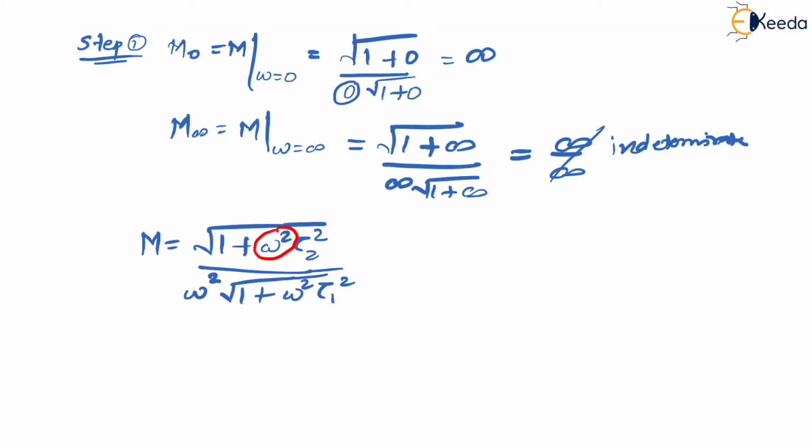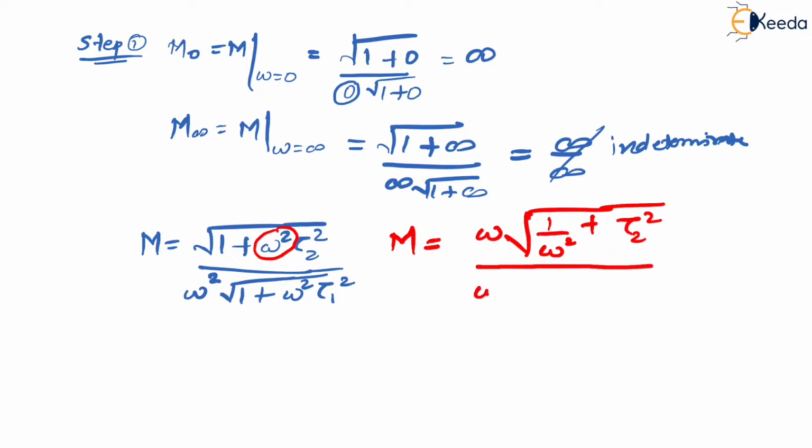If you take this omega squared out, you get M equal to omega, and inside that root you get 1 by omega squared plus tau 2 squared, divided by omega squared, which is already there in the numerator, divided by 1 plus omega squared tau 1 squared.